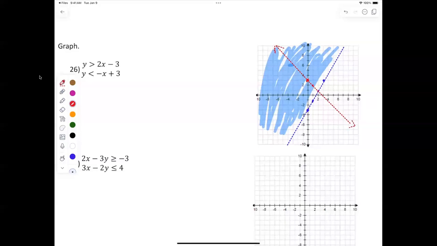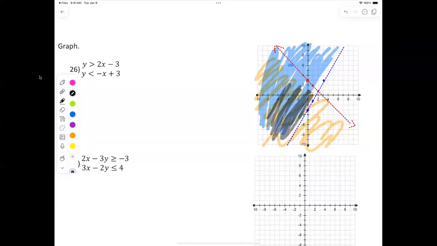And now I'm shading which direction, please? Below, correct? So does everybody know where my answer is now? Your answer is where they overlap.